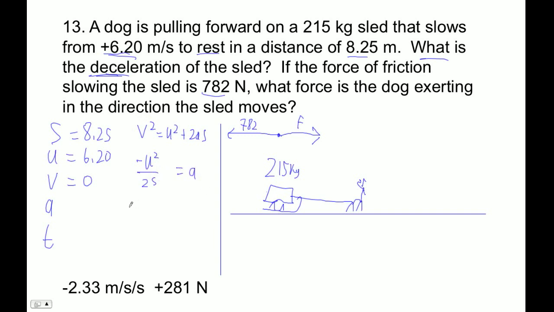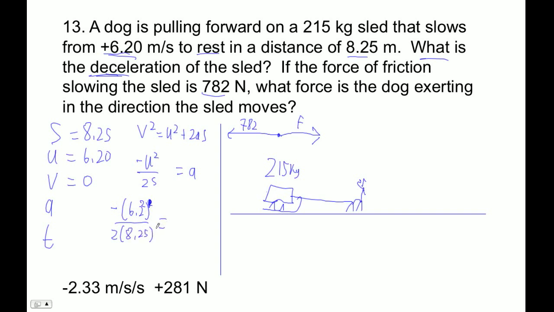Do a little math there, right? So the opposite of 6.2 squared, all right. Okay. Let's do this squared inside there, right? So negative 6.2 squared, divided by twice 8.25, right?